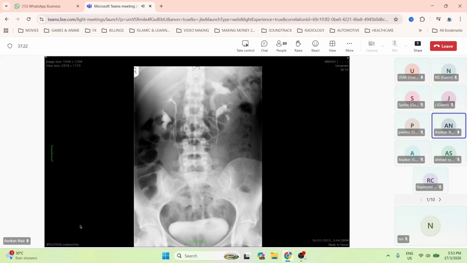So your diagnosis is bilateral duplex with the presence of what on the left side? Why is the left upper moiety dilated?